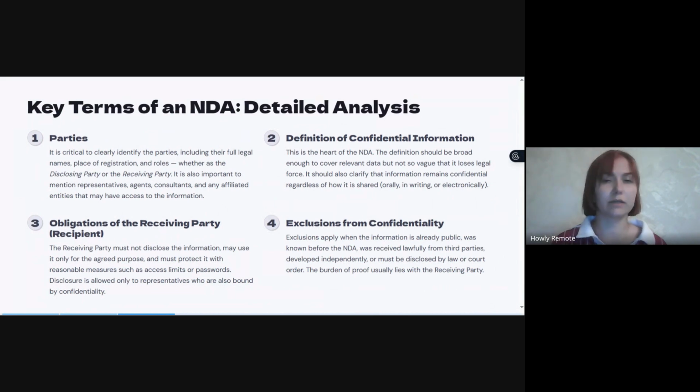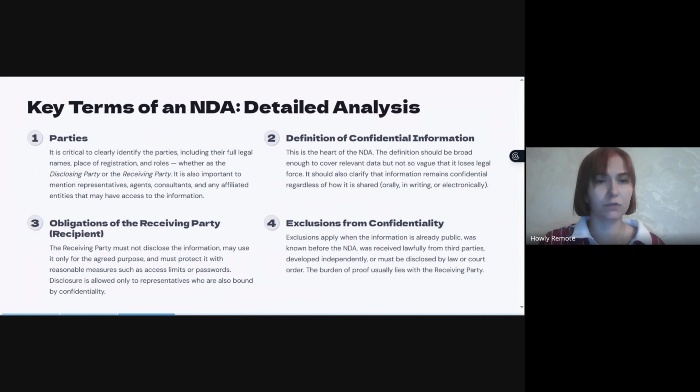A well-written NDA usually combines two approaches: specific categories such as technical documents, business plans, clients' data, financial information, algorithms, research, development, product specifications, and at the same time a general description such as any information with economic value that is not publicly known.